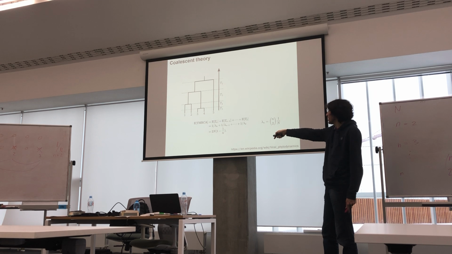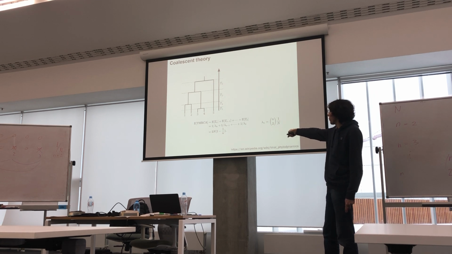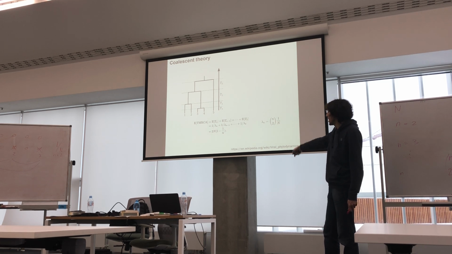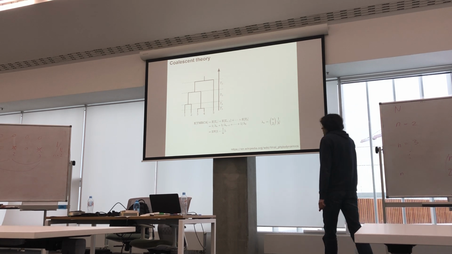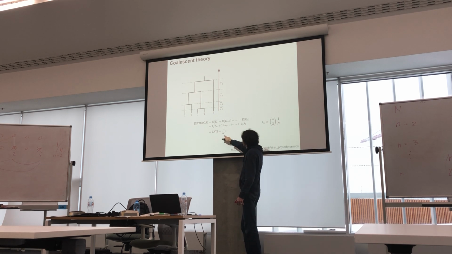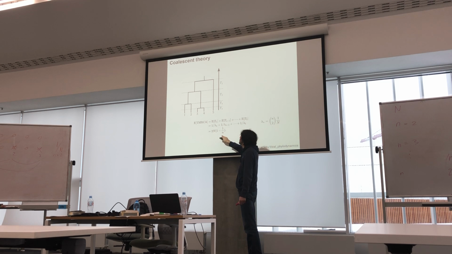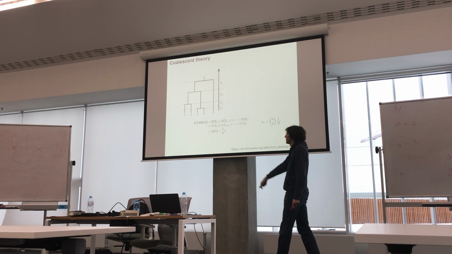Is n. Well, so this is the value for the entire sample. It is 2n times this value, 1 minus 1 over n. So if we have a large sample, if n is large, for example an infinitely large sample, then this converges to just 2n.